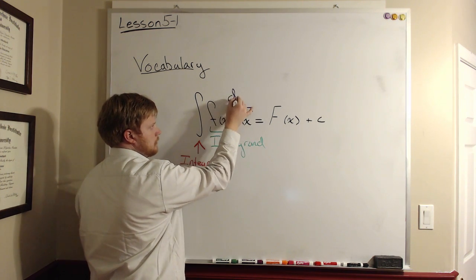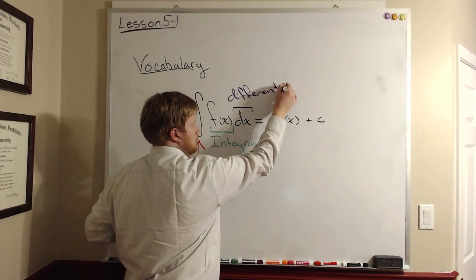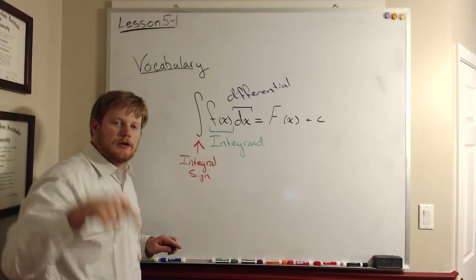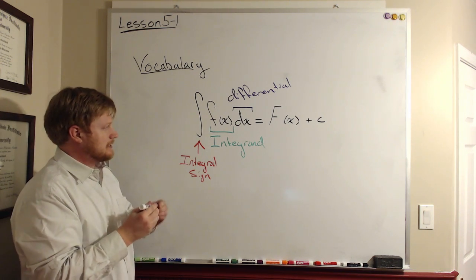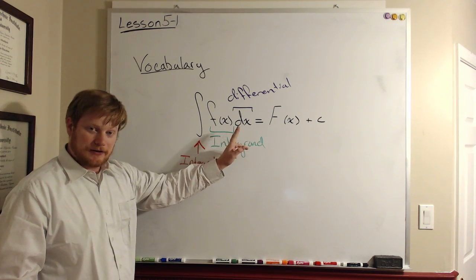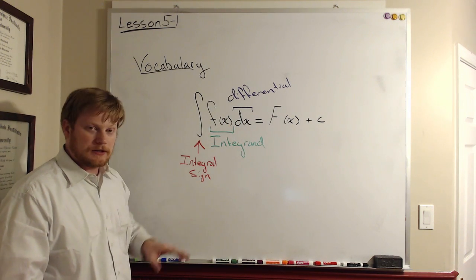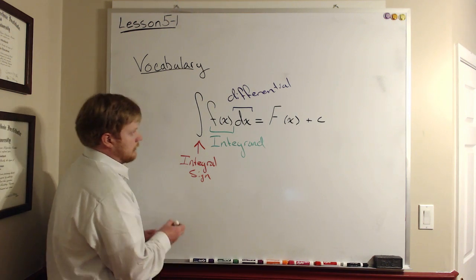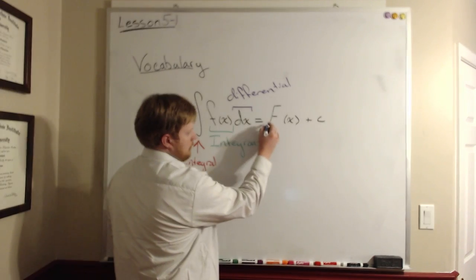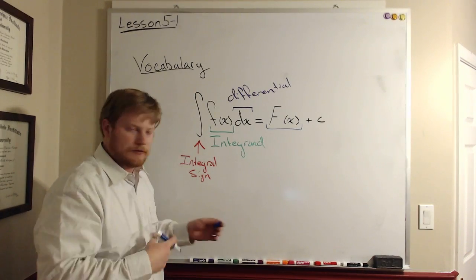This is your differential, and that tells you what you're integrating with respect to, which is important, because if that's not there, then you can't take the integral, because you don't know what to take the integral with respect to. This is my antiderivative.